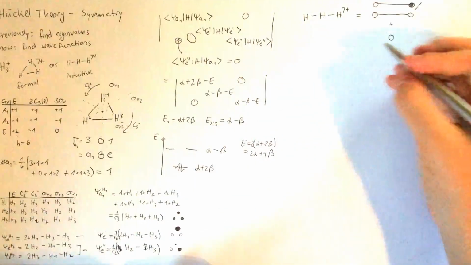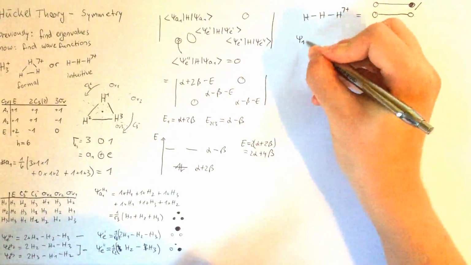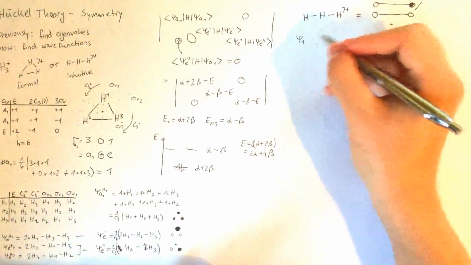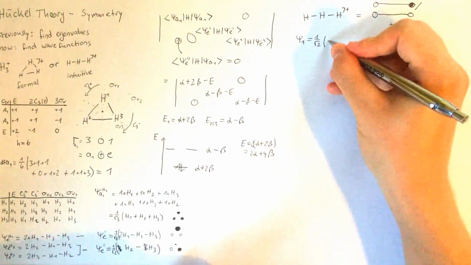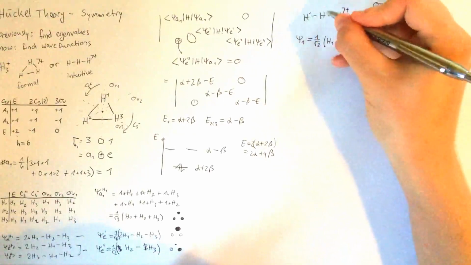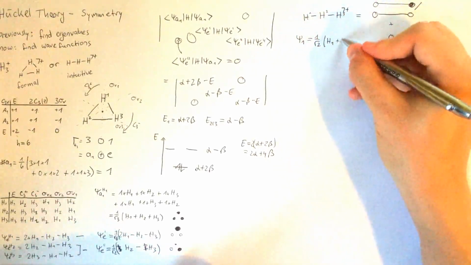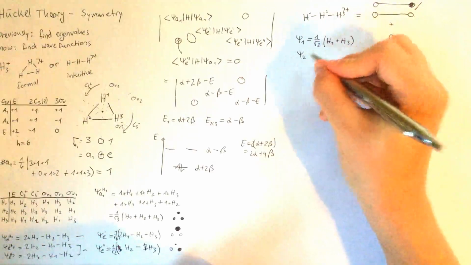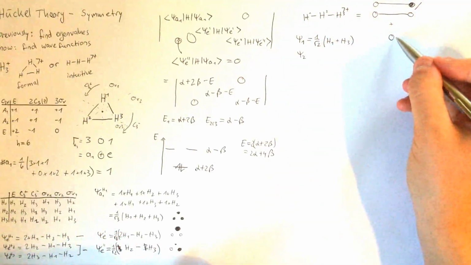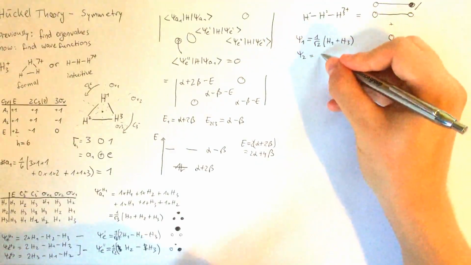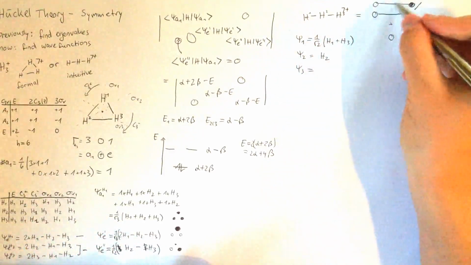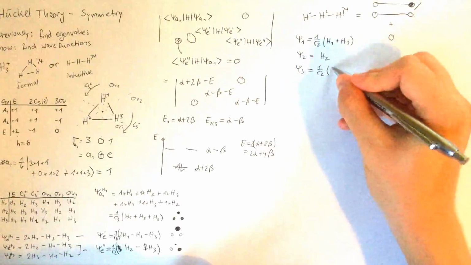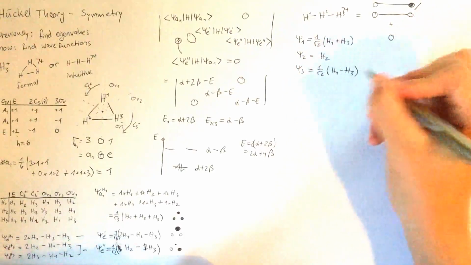And we can easily find the wave functions, which I'm going to call psi1 for the in phase one, which is just 1 over root 2 if I normalize it, and then, if I call this h1, h2, and h3, h1 plus h3. Psi2, I'm just going to say, is the lone orbital here. So psi2 is just h2, and psi3 will be the out of phase one, so 1 over root 2 h1 minus h3.